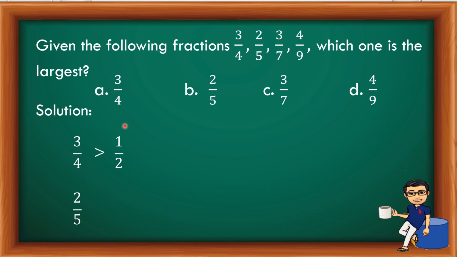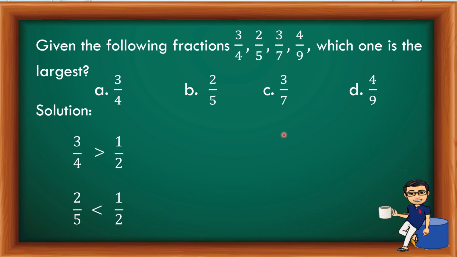How about B? 2/5 compared to 1/2. Same, the numerator multiplied by the denominator here, that's 4. Numerator multiplied by the denominator here, that's 5. So 4 is less than 5. Hence, 2/5 is less than 1/2.